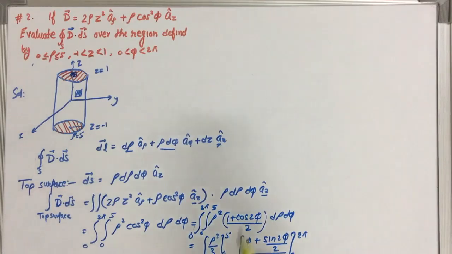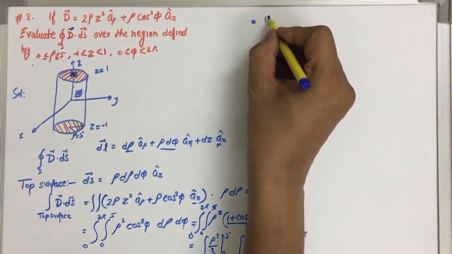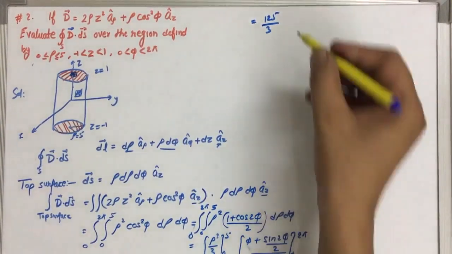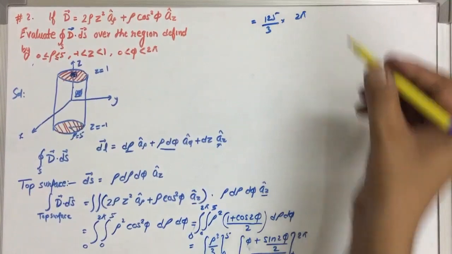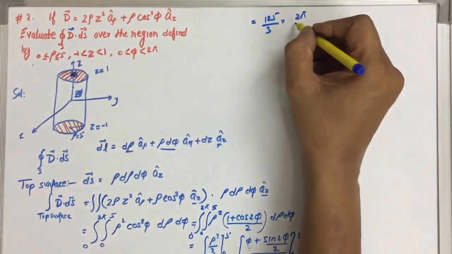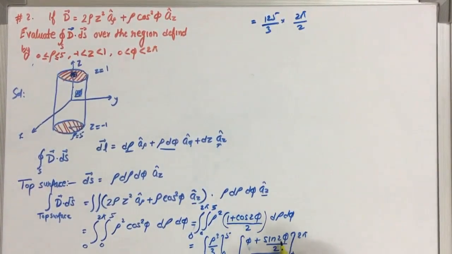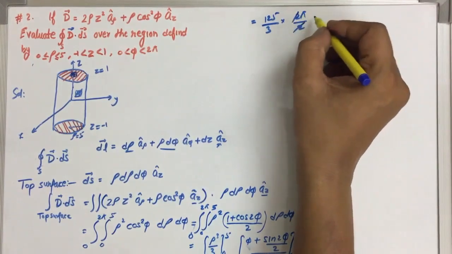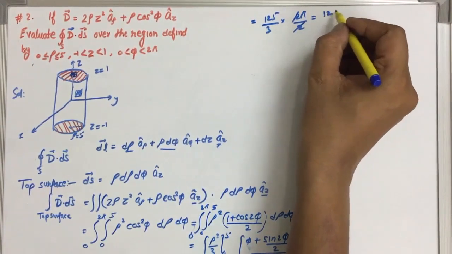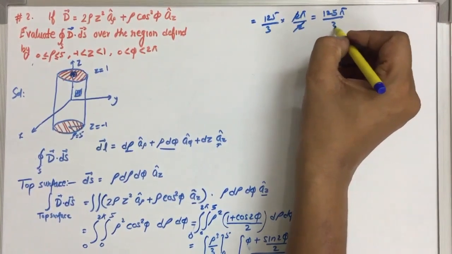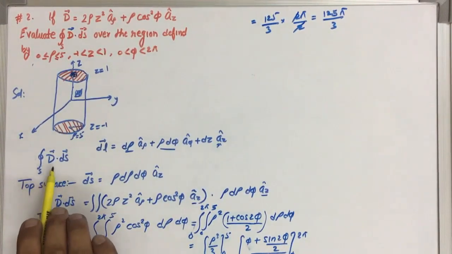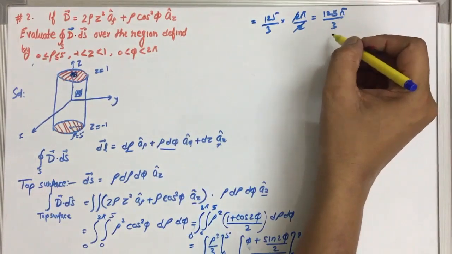Further it can be simplified as 125 by 3 times 2 pi by 2 plus 0 by 2 minus 0. So this can be written as 125 pi by 3. So for the top surface, D dot dS is 125 pi by 3.